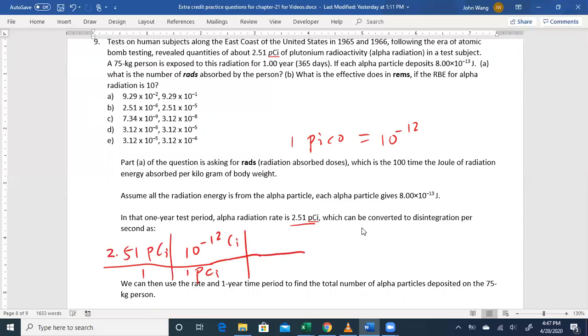And then we know what a Ci is: 1 Ci is 3.7 times 10 to the positive 10 DPS. So that becomes 0.09287 DPS.